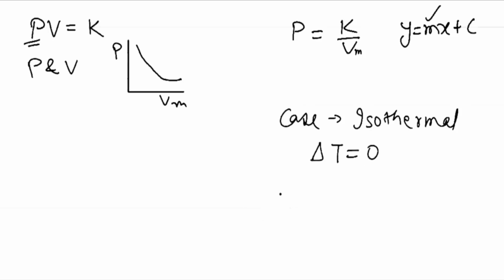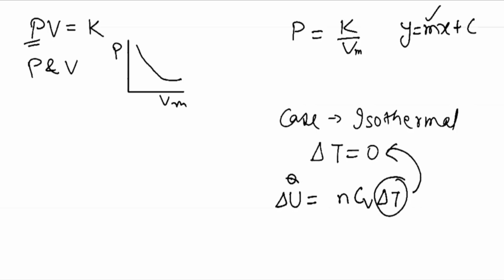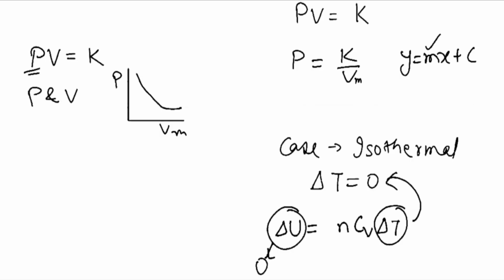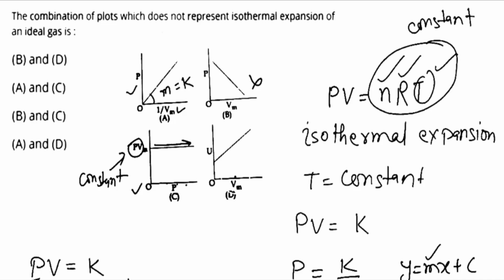If we write the formula for del U, it will be nCv del T, and we know that del T is 0, so this term will also be 0. So the graph should be constant like this. The change in internal energy will not change. So this is the wrong graph.